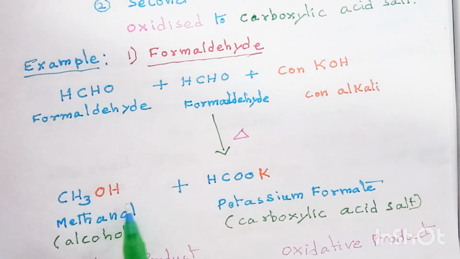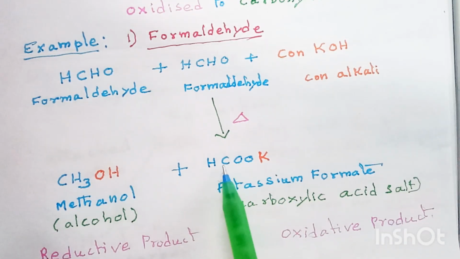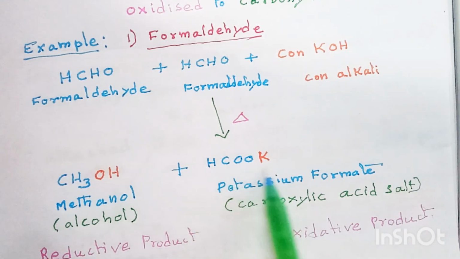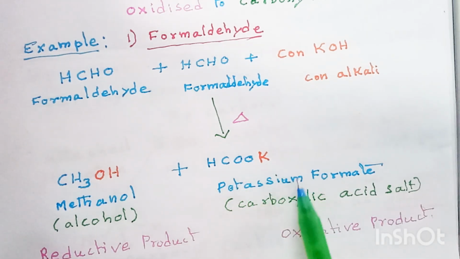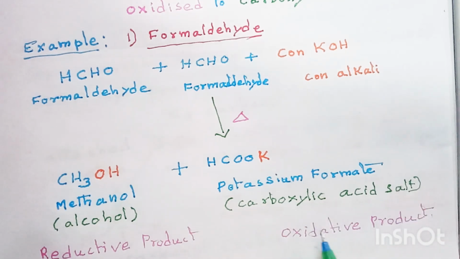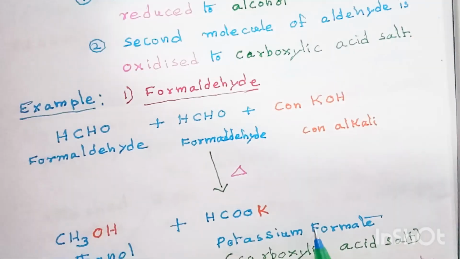Methanol is CH3OH. This is a reductive product and it gives potassium formate, HCOOK. This is carboxylic acid salt. This is oxidative product.